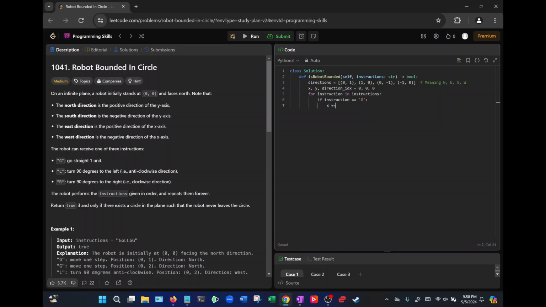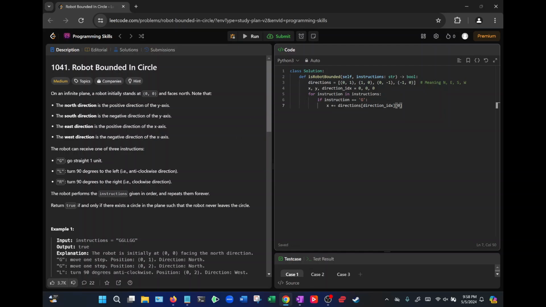And how do we define going forward? We're going to move the x and y coordinates, and we need to move them either 1 unit north, east, south, or west. The direction we move them depends on what direction we're facing, and we know that by the direction index. So what we can do is take directions, look up the direction index, and take the first coordinate.